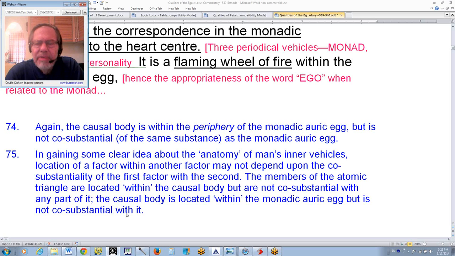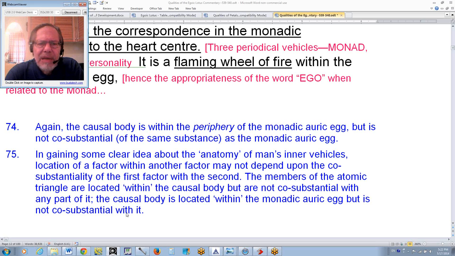So in gaining some clear idea about the anatomy of a man's inner vehicles, location of a factor within another factor may not depend upon co-substantiality of the first factor with the second. You know, everything here is co-substantial. If I have a sphere and there's a lesser sphere within it, they are made of the same material and the same frequencies for the most part. But not when we consider enclosure involving dimensions of different vibratory frequencies.